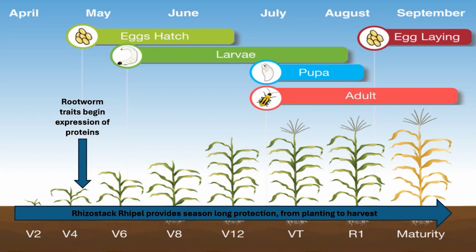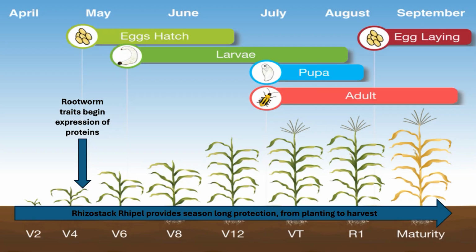That RhizoStack Rhipel, granted, we don't have a lot of flushes after tassel below ground, but it's in that plant working throughout the entire season. The one thing this will not do, just like traits, is stop silk clipping. So we still recommend that if you're in high rootworm beetle environments, because it'll stop a lot from hatching, but you're still going to have some larvae that just happen, by the grace of God, to hatch with their face right on a root, and they start to feed.